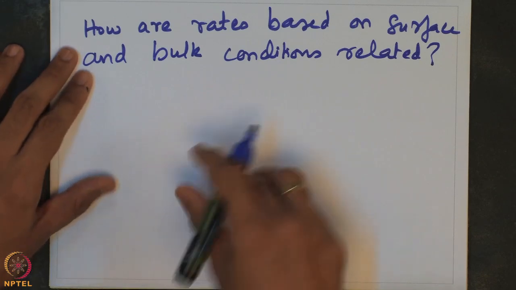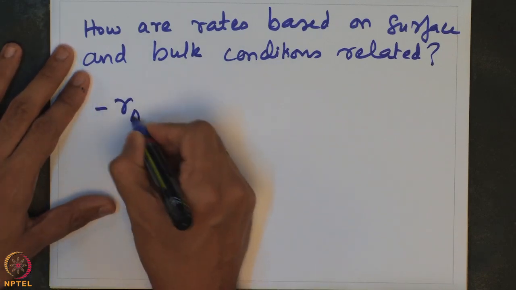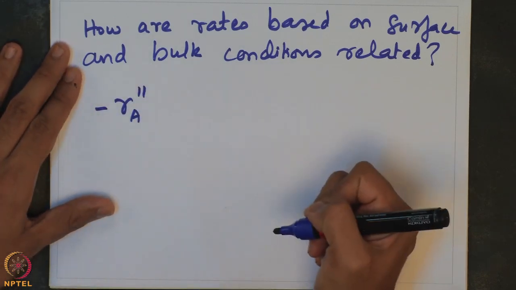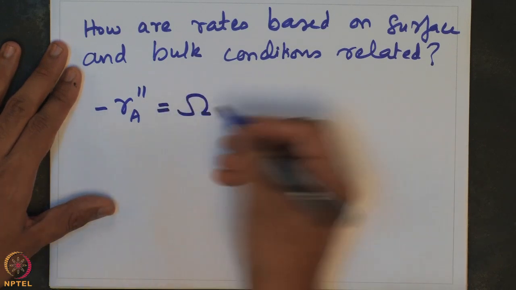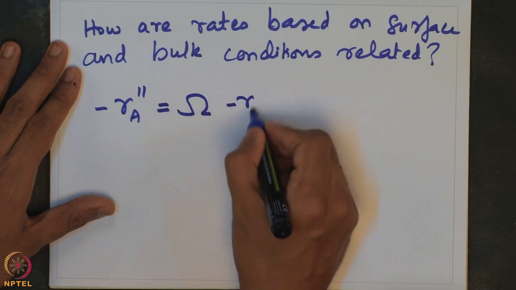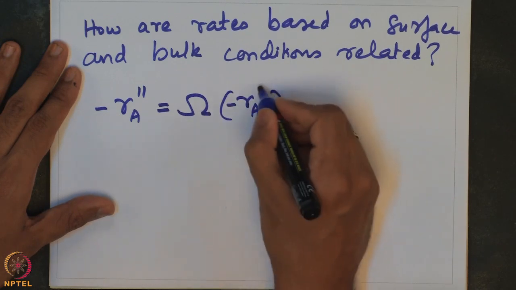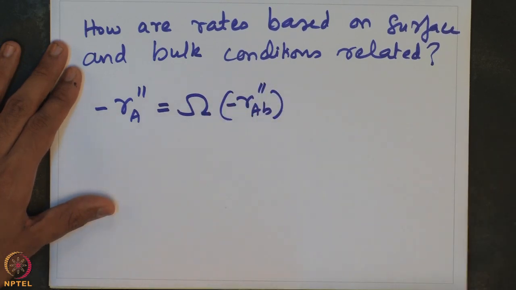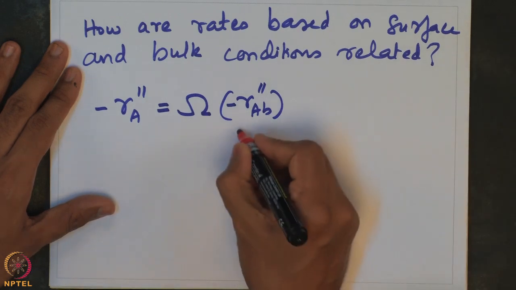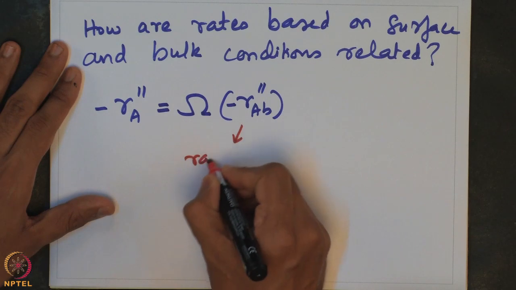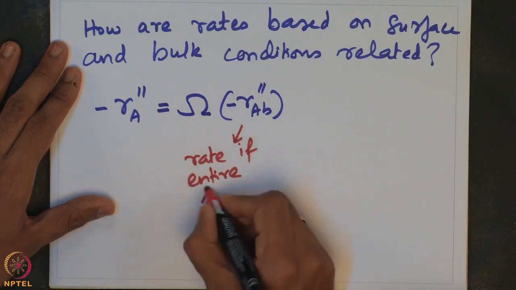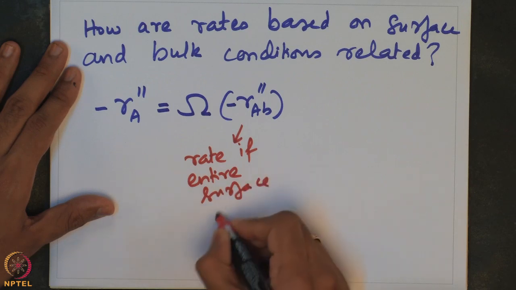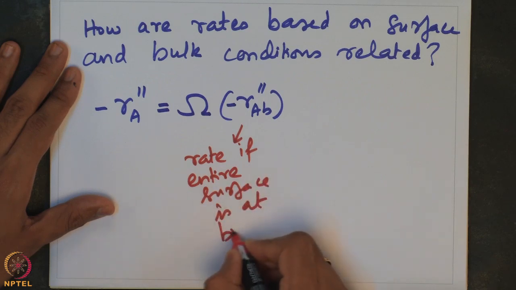By definition of the overall effectiveness factor, minus Ra double prime is equal to the overall effectiveness factor multiplied by the rate as though it was bulk conditions at every location, the rate if the entire surface is at bulk conditions.